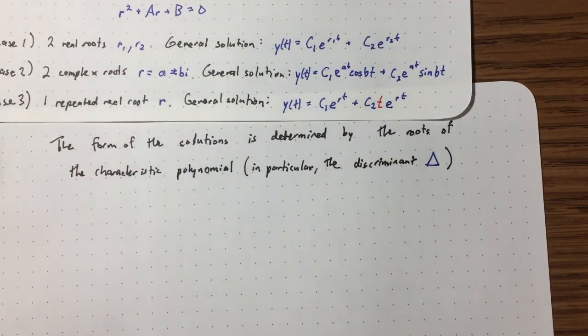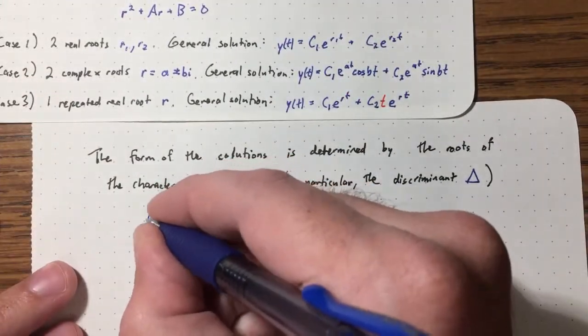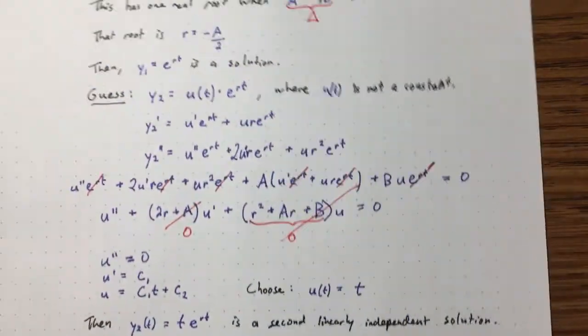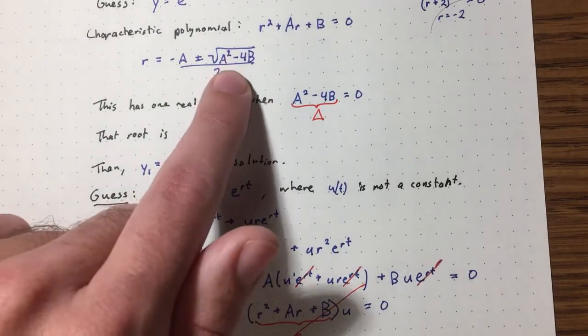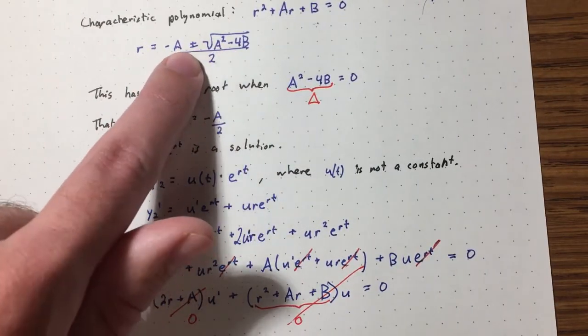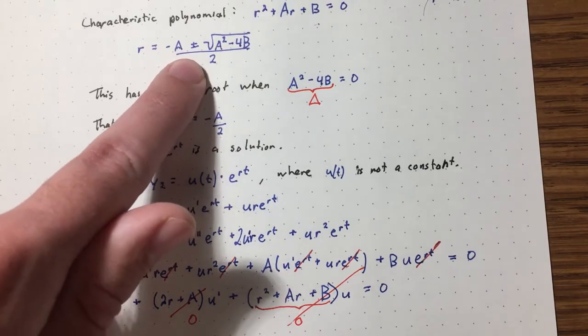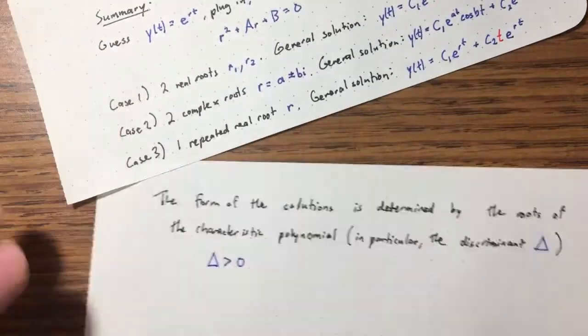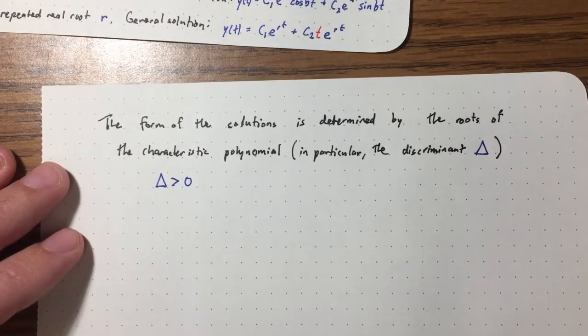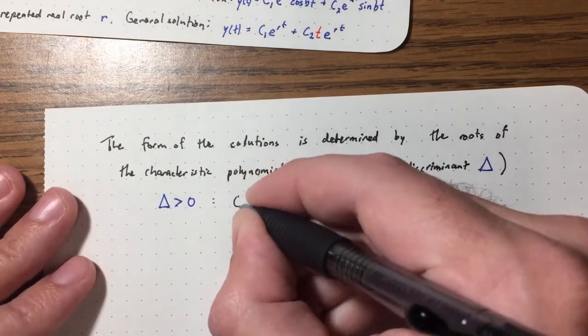So we look at the discriminant, and if the discriminant is positive, then this thing inside the square root is going to be positive. So we're going to get real solutions. It's not going to be 0, right? So we actually get 2 distinct real solutions that come from the plus and the minus. So if the discriminant is positive, then we are in case 1.